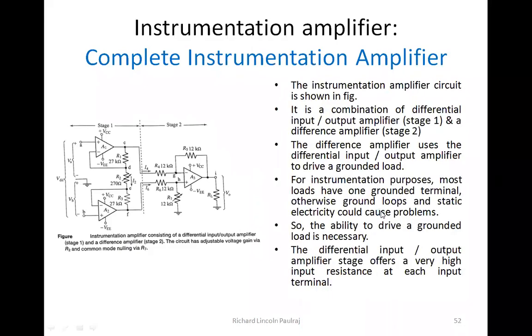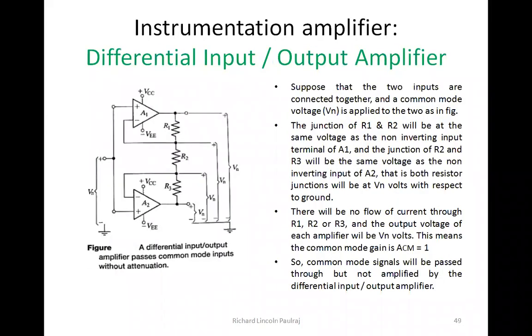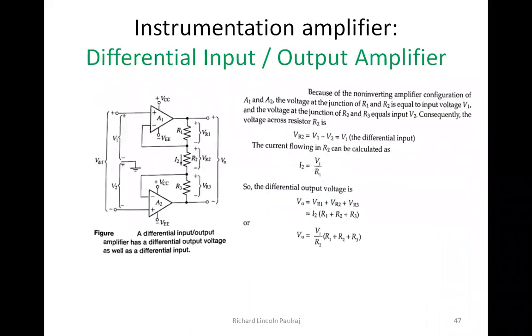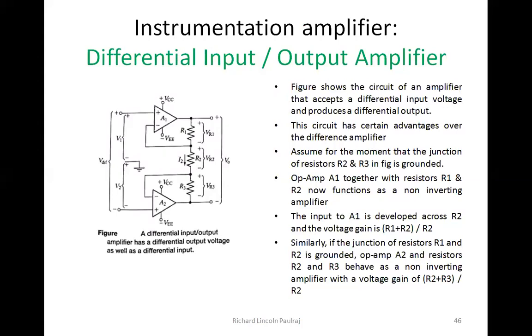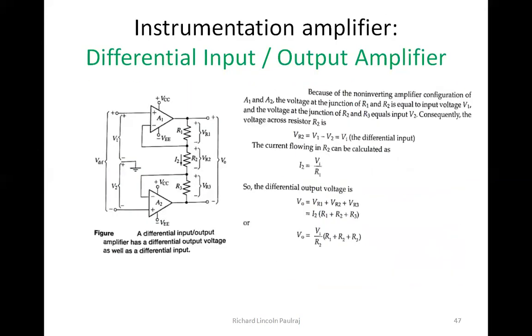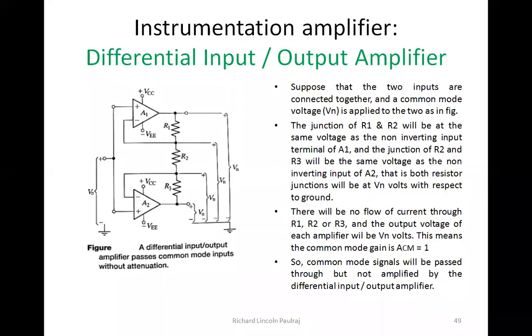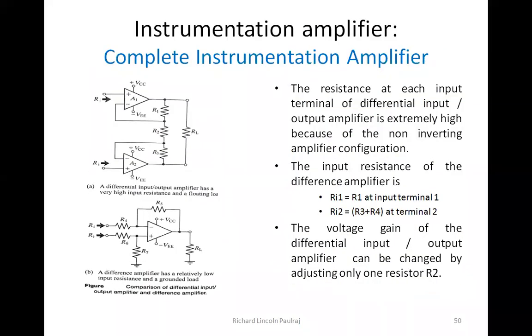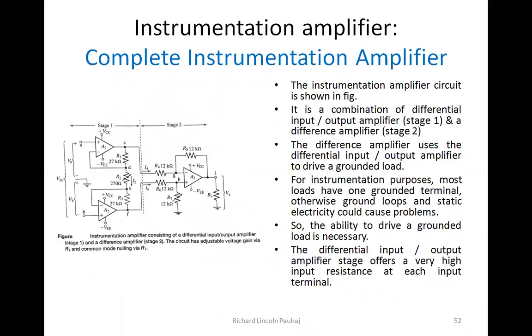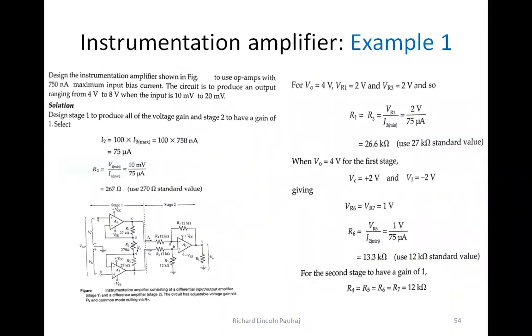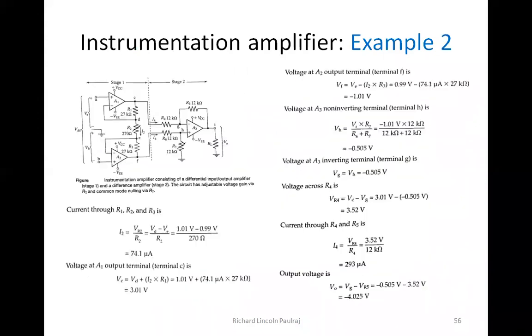We started off with a small circuit with a differential input, and we also used a difference amplifier. Then we started combining them, and we had a common potential given, which was called the common source. We came up with a complete circuit called the instrumentation amplifier.